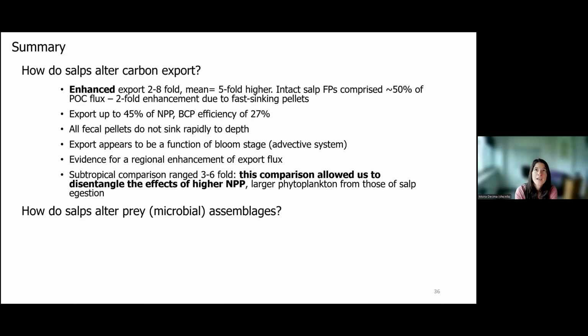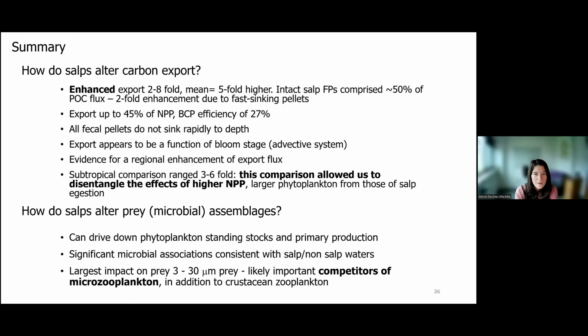And we can disentangle that from the effect of high export flux just because, say, we have high net primary production. And then for the microbial communities, we find that when salps are there, they can drive down the phytoplankton standing stocks, which if they're not there, the phytoplankton might be accumulating. And then we also found these significant associations that are consistent with these salp or non-salp classifications.